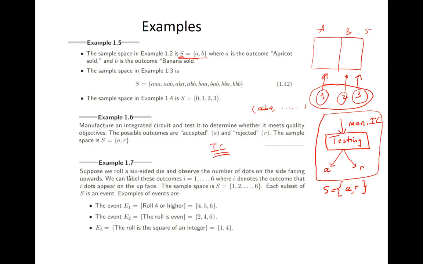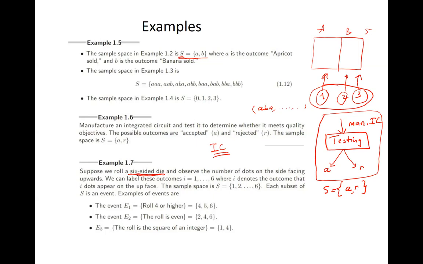The next example, again, we'll be dealing with in this course frequently, a 6-sided die. A typical die, you know, that we may use in backgammon or other games. Observe the number of dots on the side facing upwards. So we just roll the die and look at the number of dots on the upside.